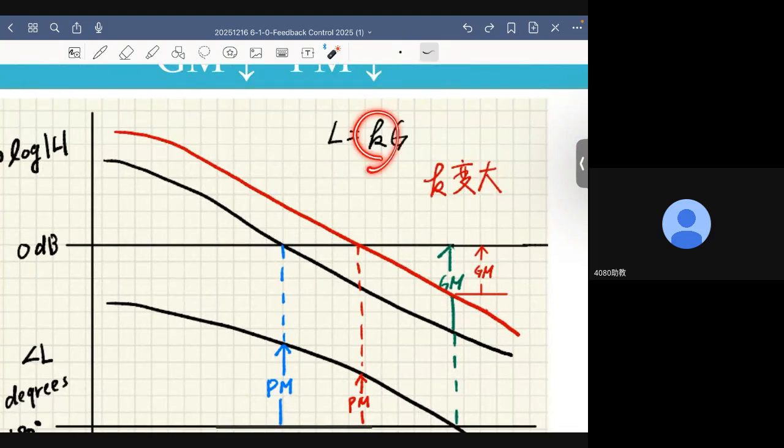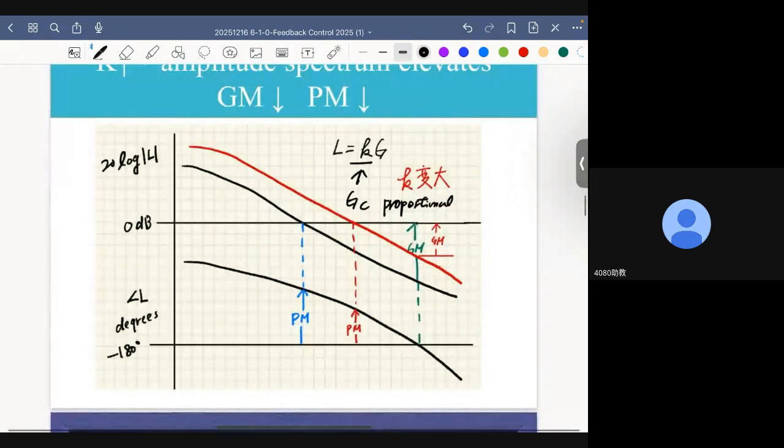This represents Gc, all right? And it is apparently a proportional controller, all right? P controller.